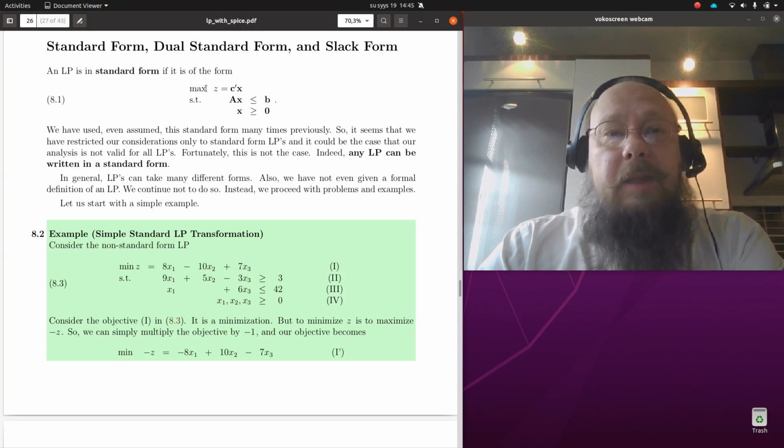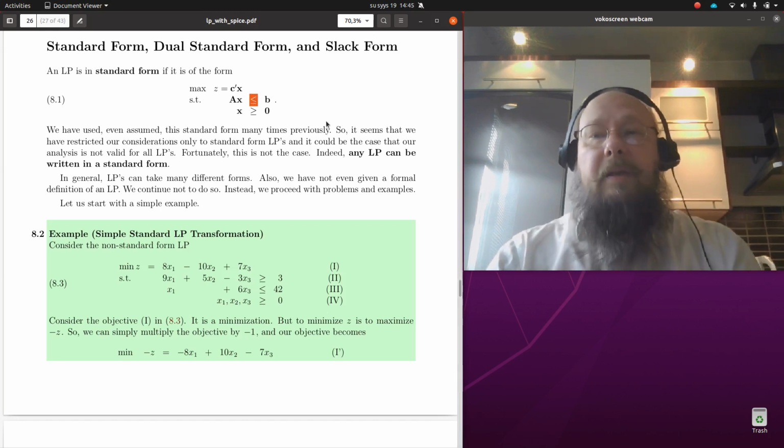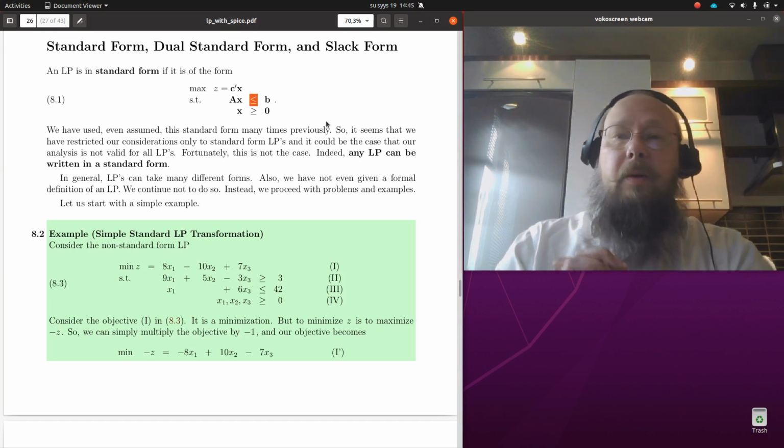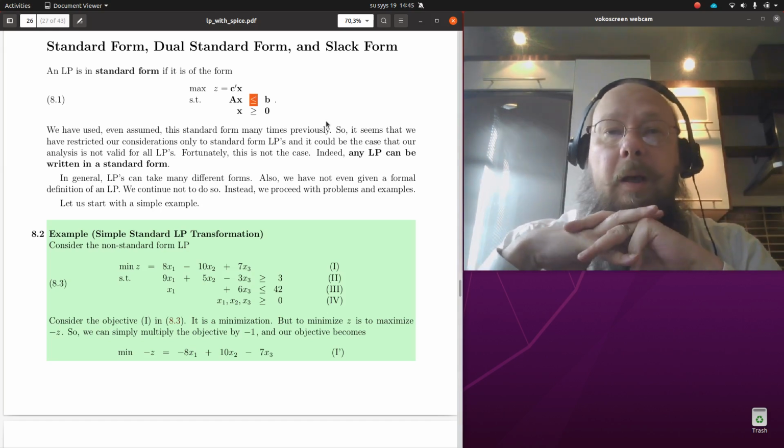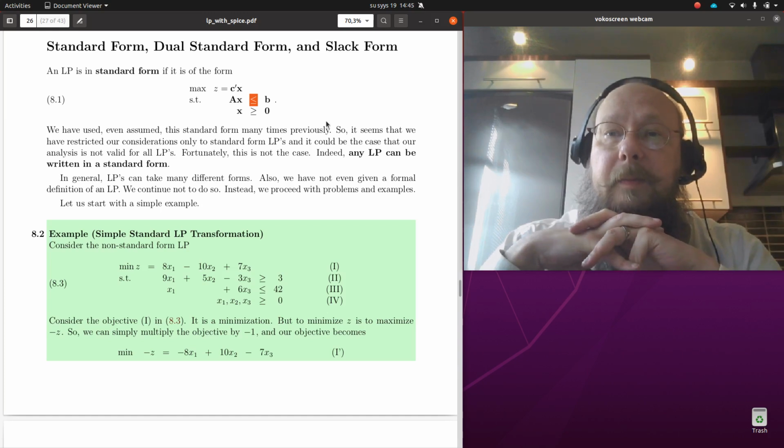So the standard form LP here, equation 8.1, is of this form. It's a maximization. You maximize something, here it's called Z equals C transpose times X. Then it's subject to some constraints, and in the standard form we assume that we have upper bounds. This is the key thing here. This is what makes it standard form. If there are lower bound constraints or equalities, or not all the constraints are the same, then I do not consider it to be a standard form.